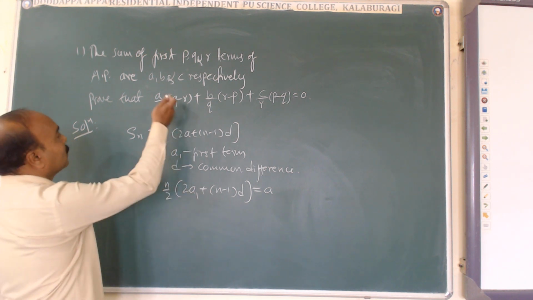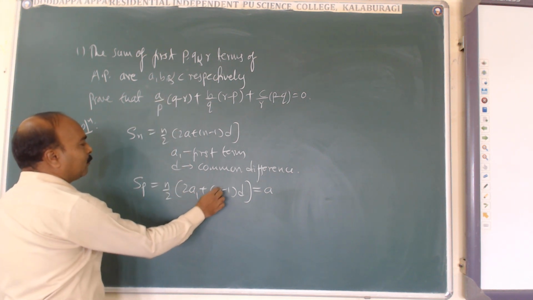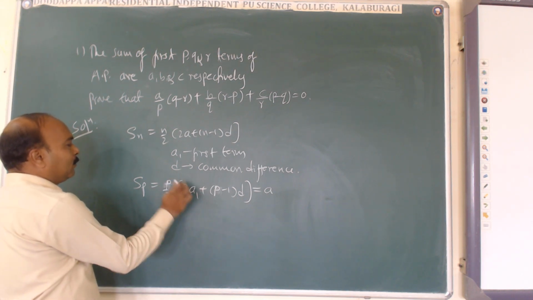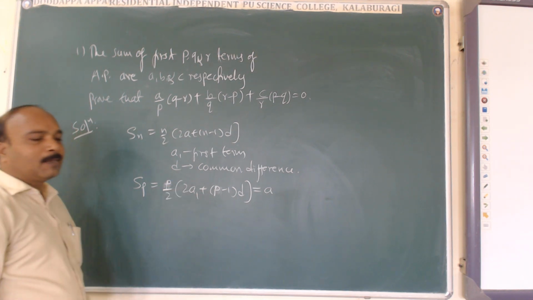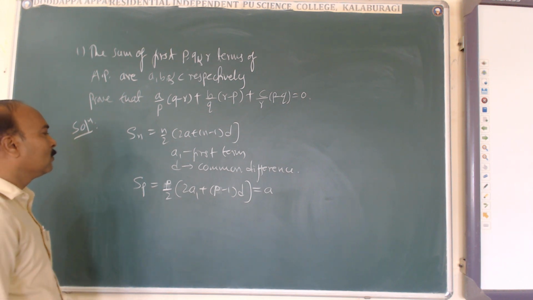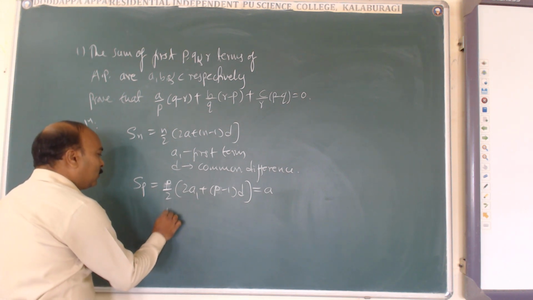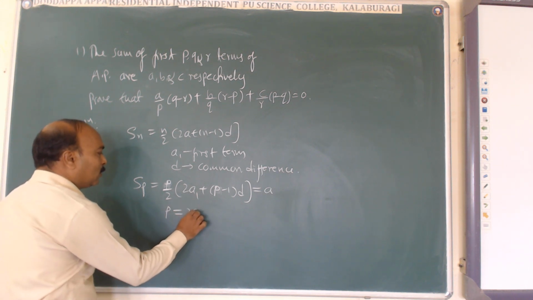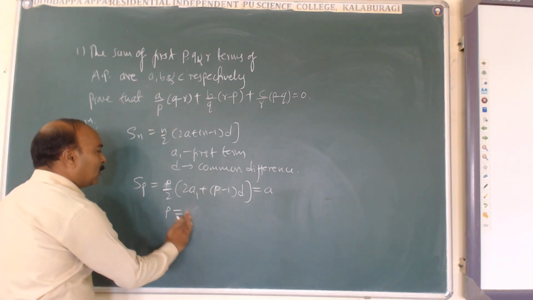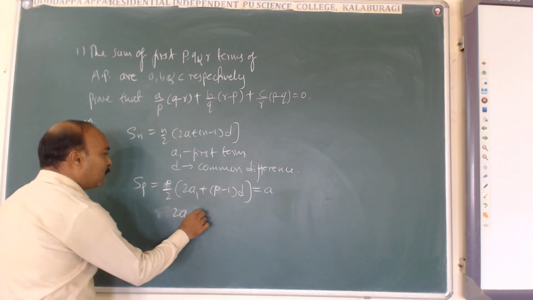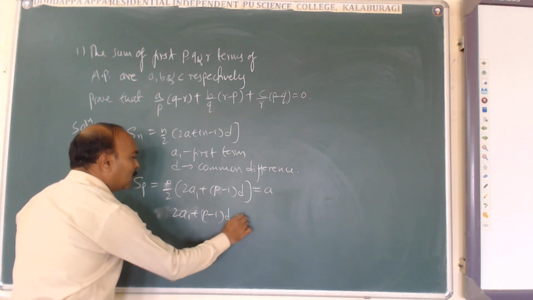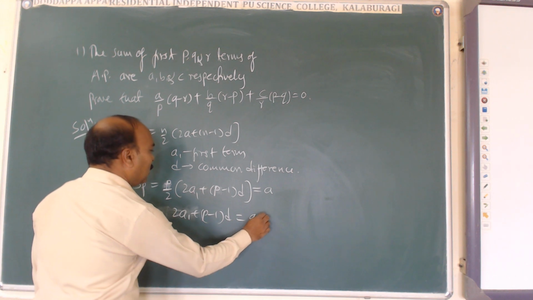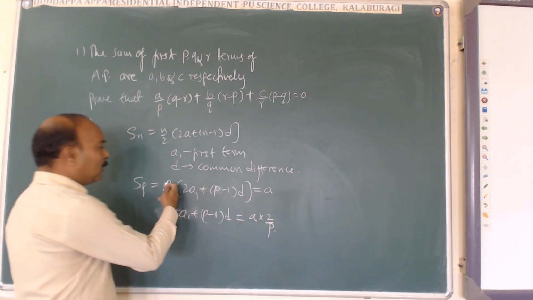Here n is changing to P, so we replace n by P, giving P by 2. Now we make cross multiplication: 2A1 plus (P minus 1) into D equals A into 2 by P. Take P by 2 to this side.